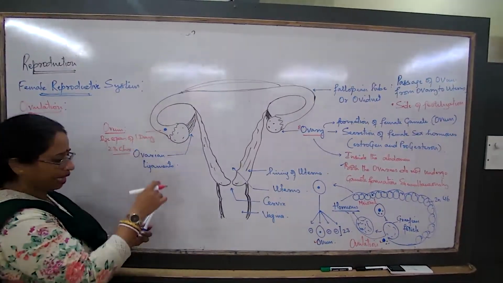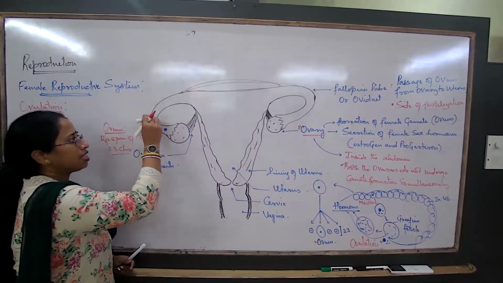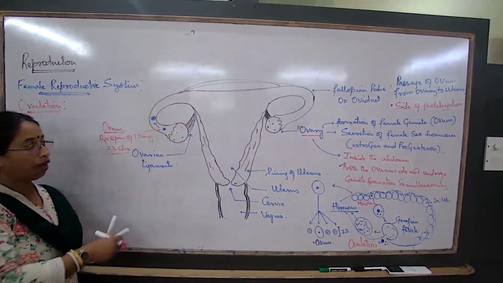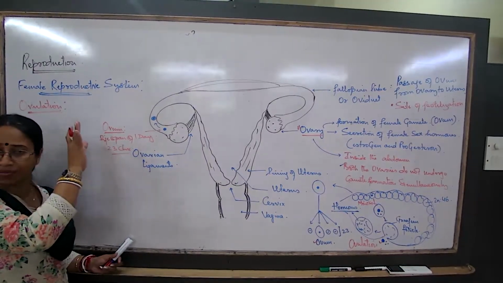So this female gamete is now getting mature and is ready for the process of fertilization. Now I said that it has a span of 1 day. For 1 day it is active.